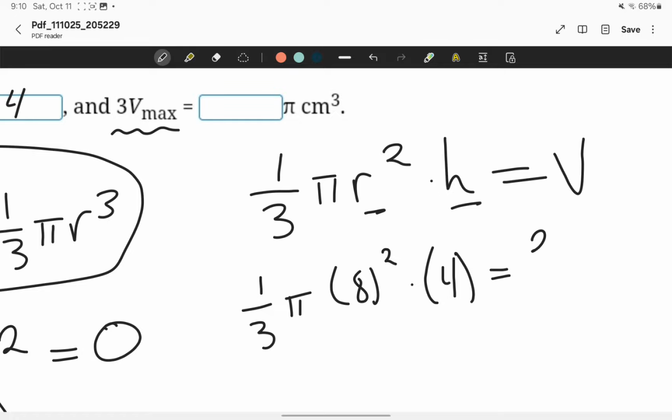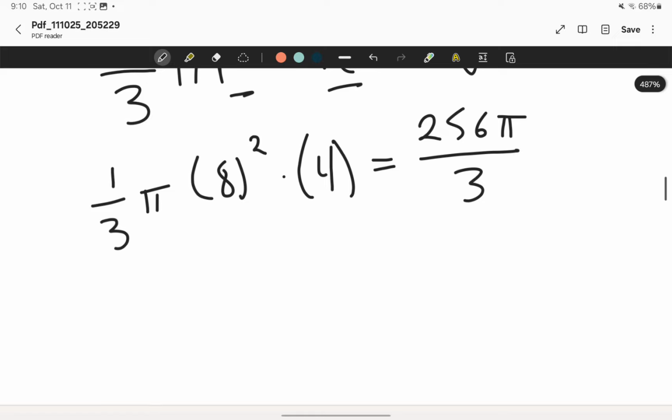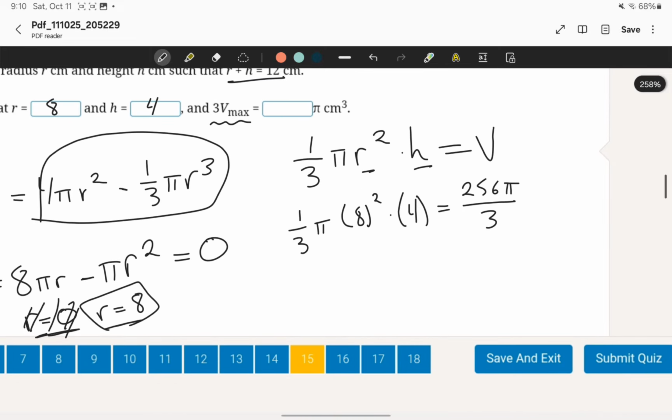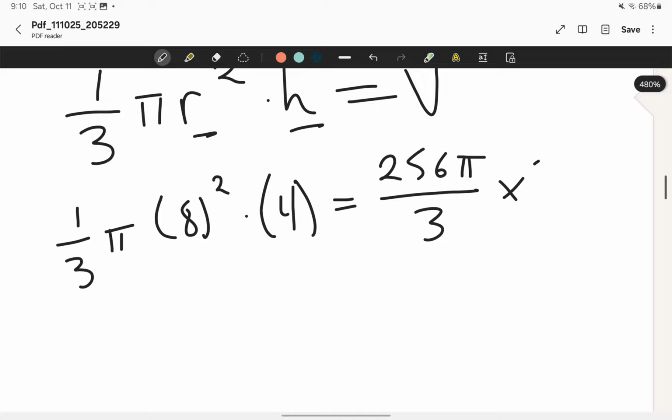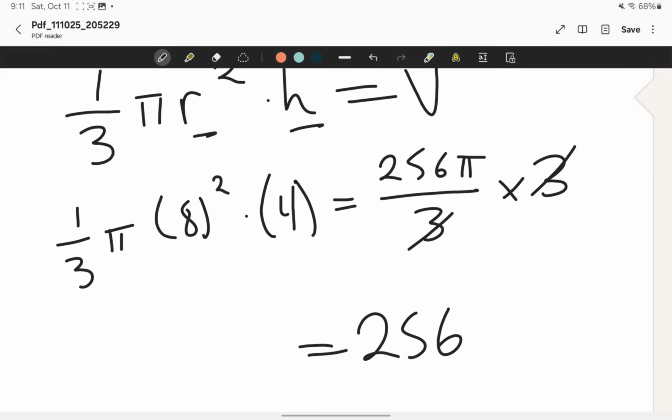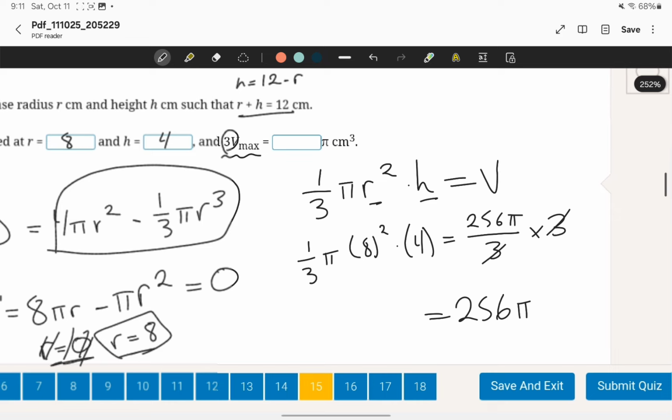This gives you 256 pi over 3. But here they're asking for 3 times the volume, so you're just going to multiply this by 3. It cancels out here. So your final answer is 256 pi, and they already wrote pi, so you just write 256.